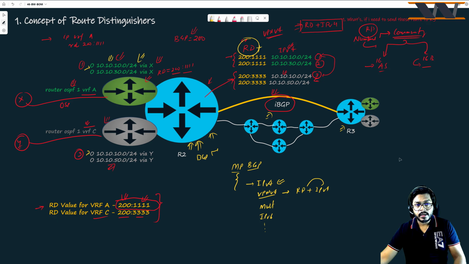Route distinguisher is not configured on a per route basis. It is configured on the basis of all the routes in your VRF. If you have 100 routes in this VRF, the route distinguisher is going to be the same, one number, because now you can differentiate this routing table from that routing table, right, Mr. Prashant? Okay, Vishnuji.